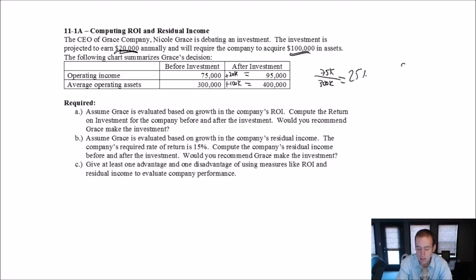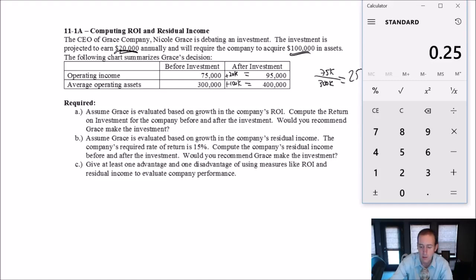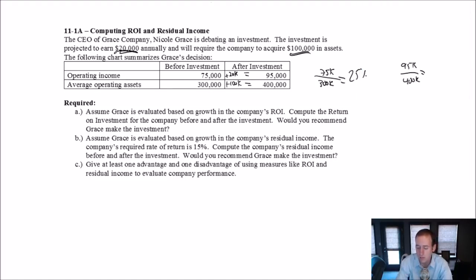If she takes the deal, it becomes $95,000 divided by $400,000. 95 divided by 400 is 0.2375, 23.75%. So, should she take the deal?